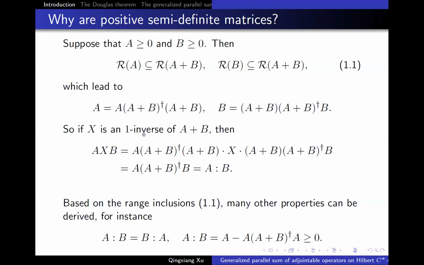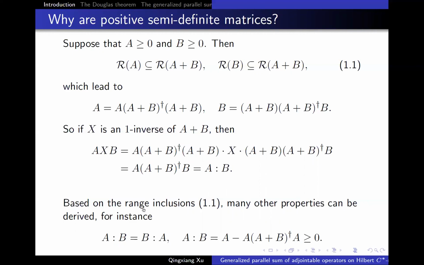So if X is any inverse of A plus B, then from the previous equations, we can get that the product AXB is exactly equal to the parallel sum of A and B, which means that we can replace the Moore-Penrose inverse with any inverse of A plus B. Such a property is very important because we can develop many properties based on these equations or from these two range equations.